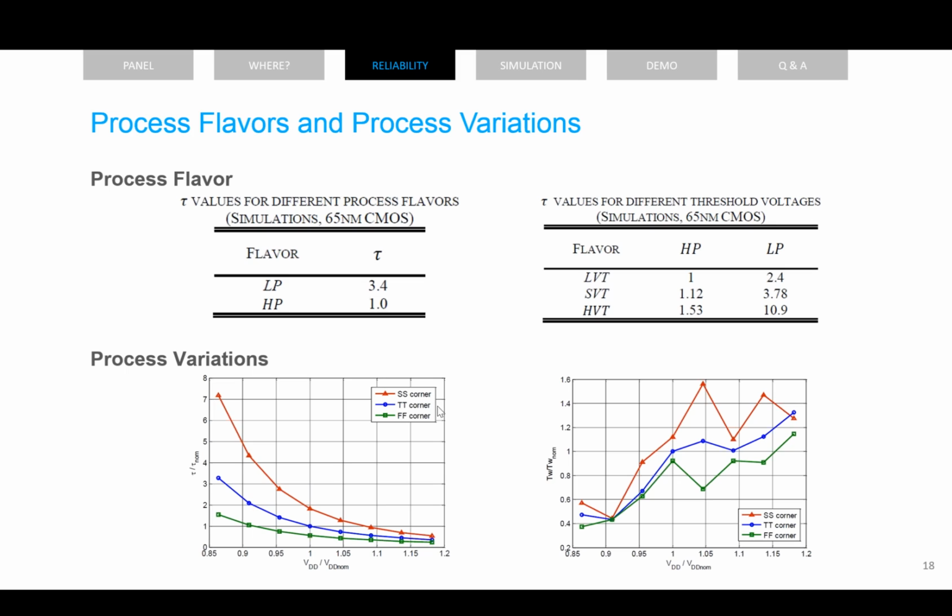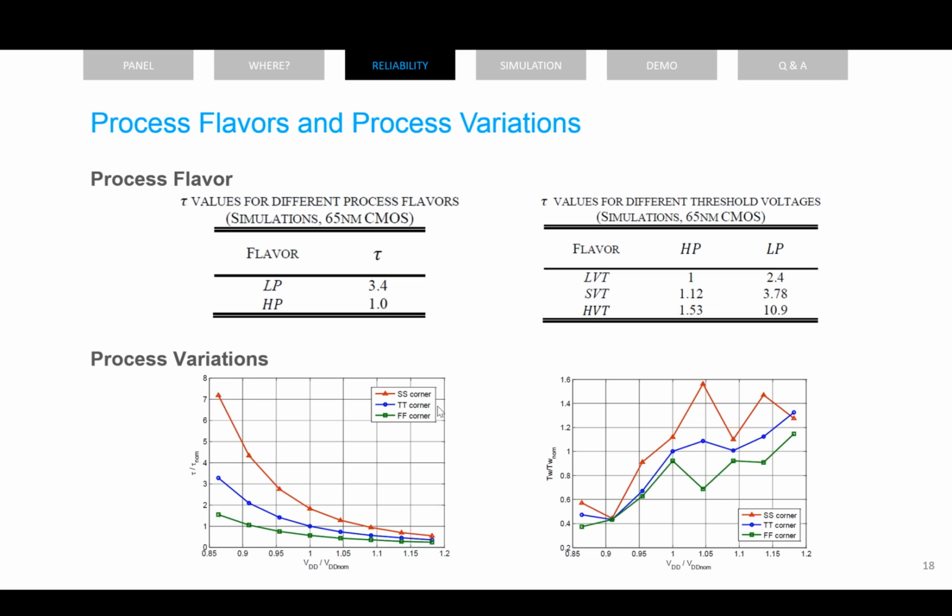Then we have also process flavors, which in today's technology you can find many of, like high power, nominal, low power, high performance, etc. Each process has its own naming conventions, but the point is that tau gets increased when moving from the high performance towards the low power. That's mainly because of the change of the VT.